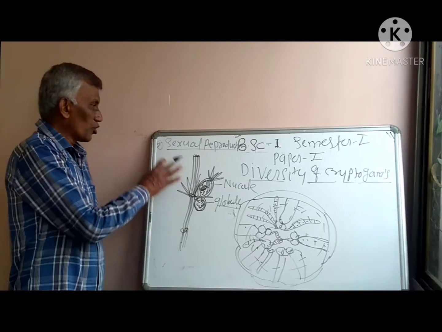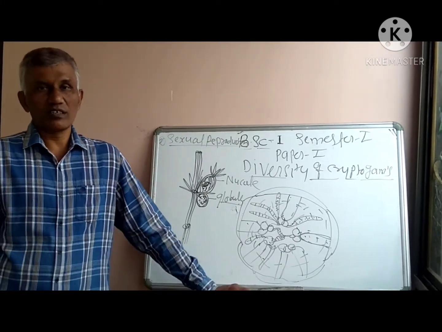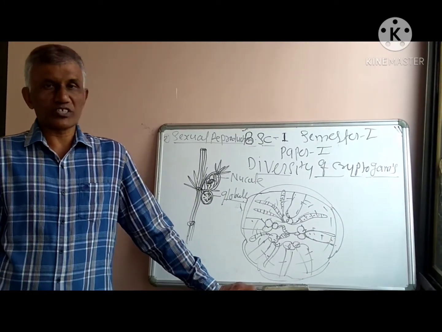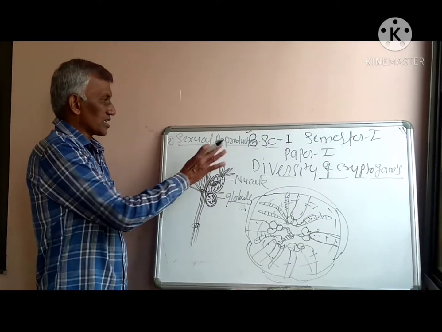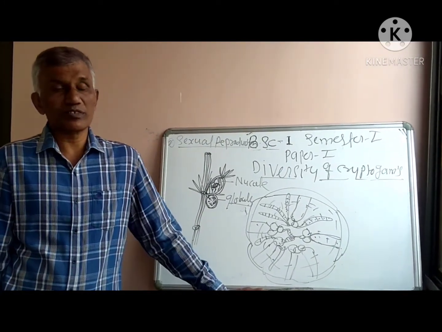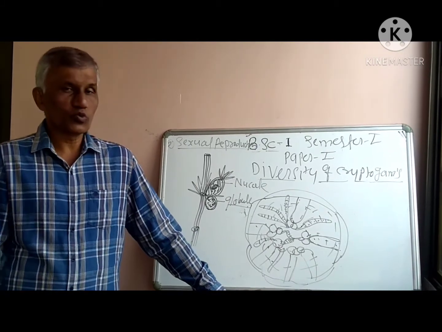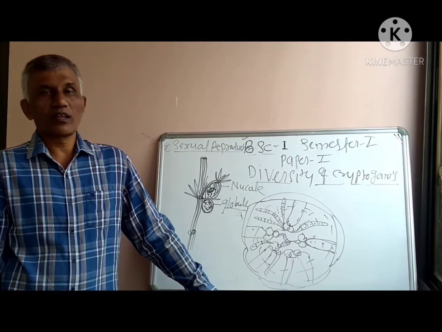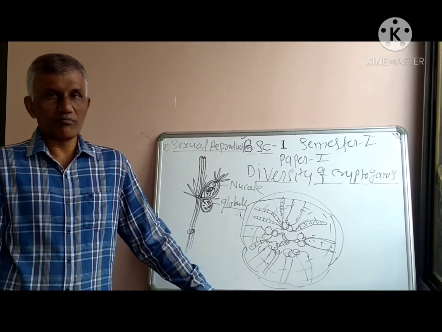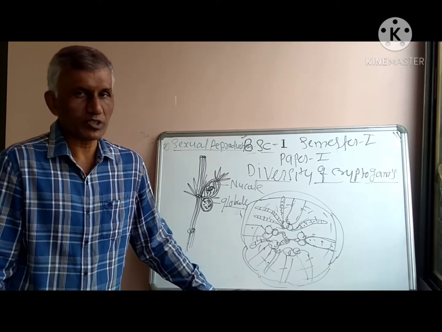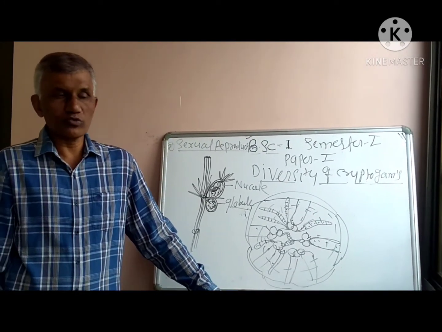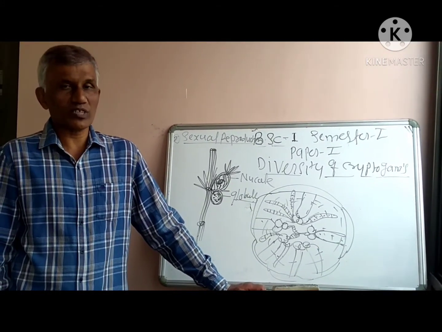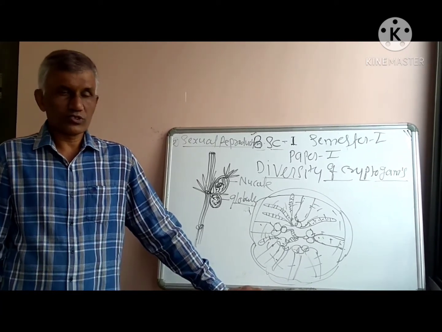Now, the most advanced, complicated method of multiplication or reproduction in Chara is the sexual method of reproduction. Before studying the structure and development of sex organs, that is the male reproductive body and female reproductive body in Chara, first of all I have to give a slight introduction to how sexual reproduction takes place in Chara.